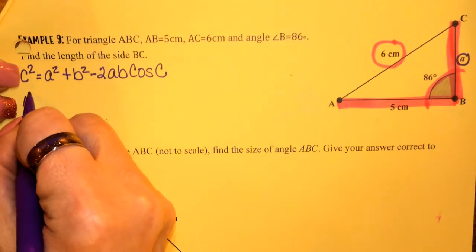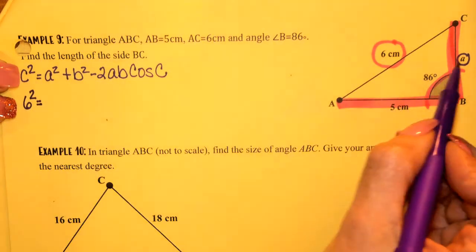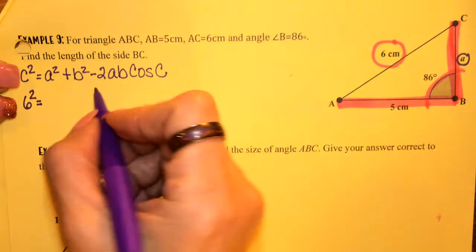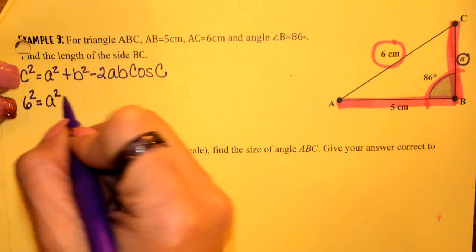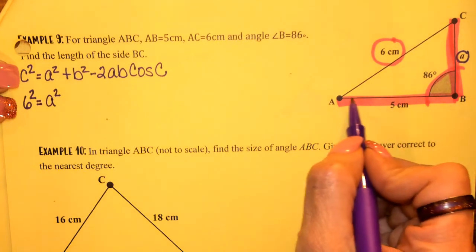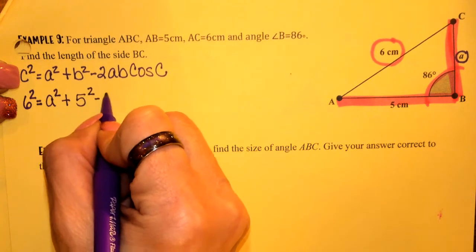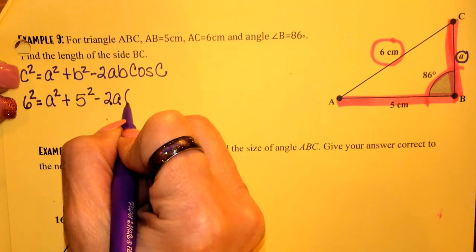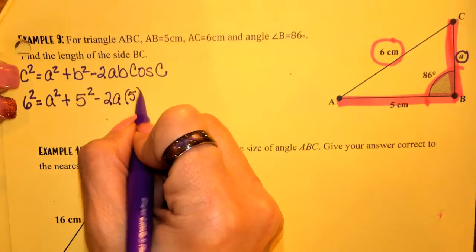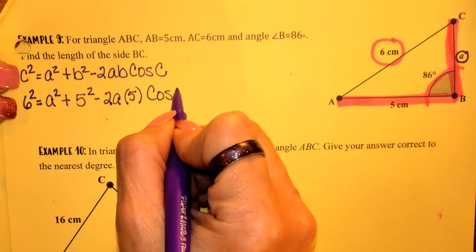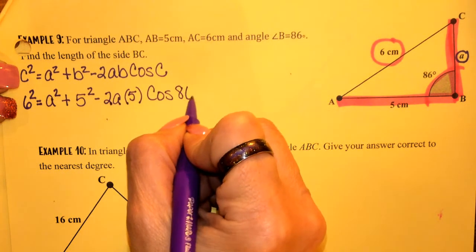So I'm going to have 6 squared equals, I don't know this one, so since A is already used, I'm going to call it A squared. This would be the B squared, 25, minus 2 times A times C, which is 5, times the cosine of 86.